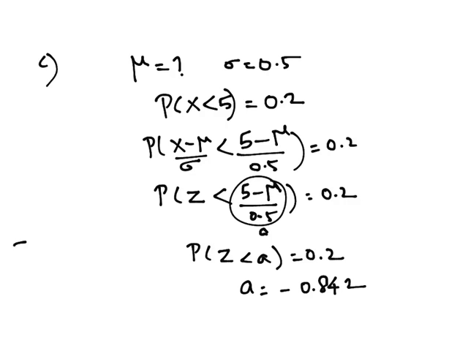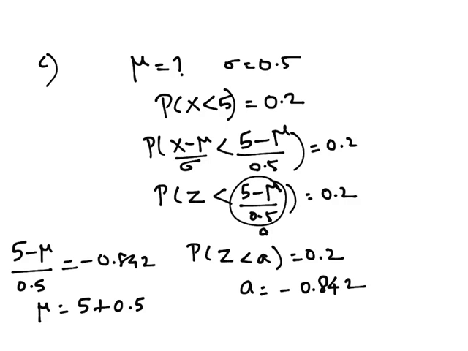Which means (5 minus mu) by 0.5 equal to minus 0.842. So mu is nothing but 5 plus 0.5 into 0.842. So this is the answer. Yeah, quite simple.